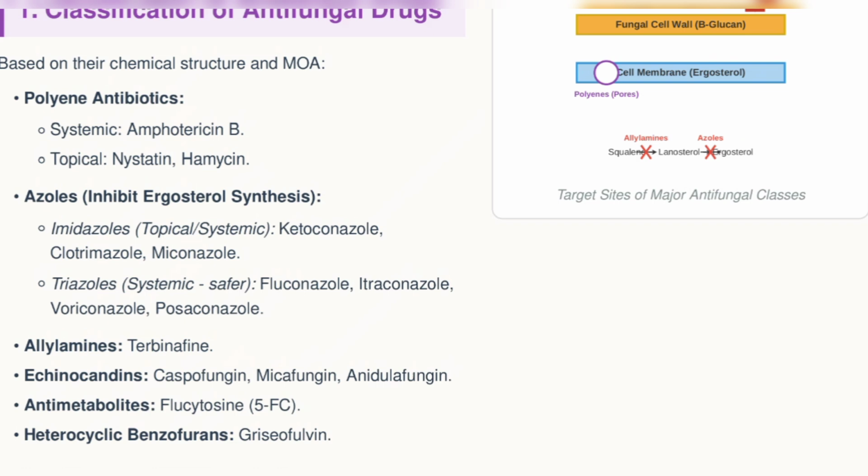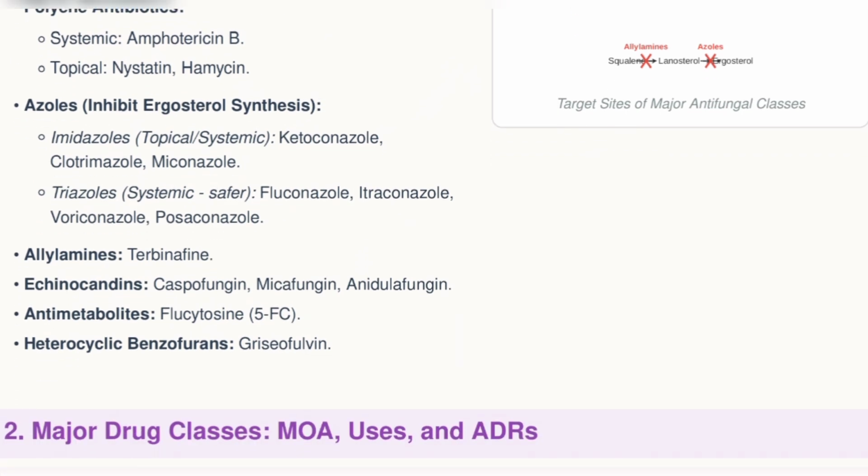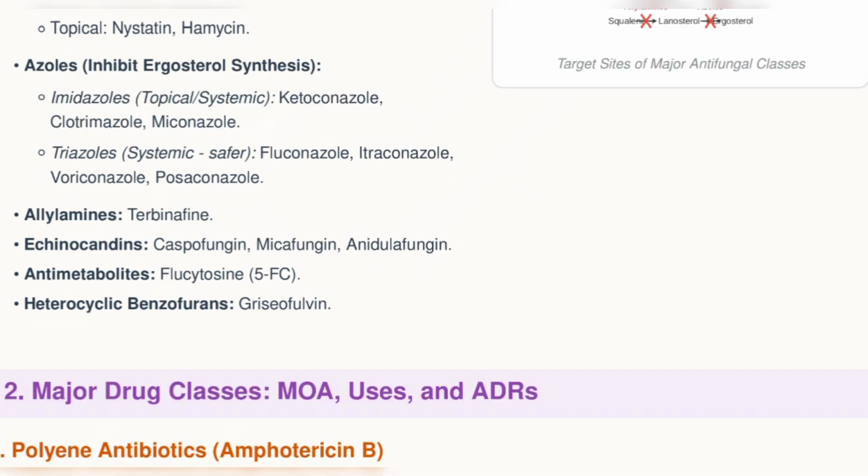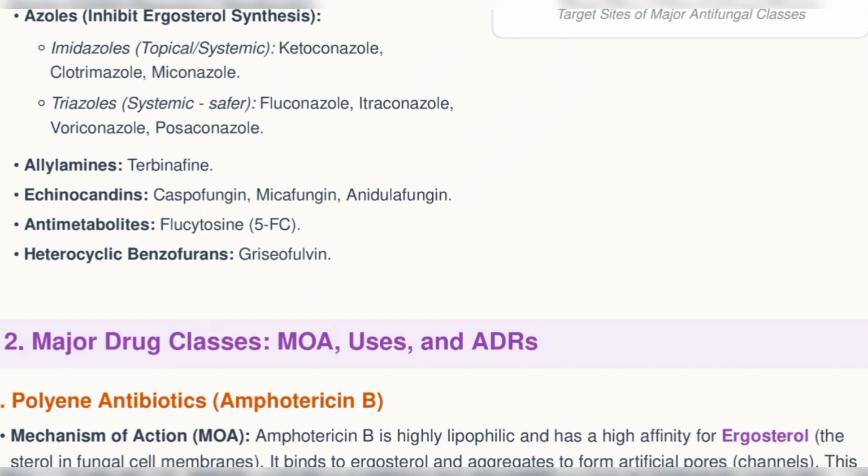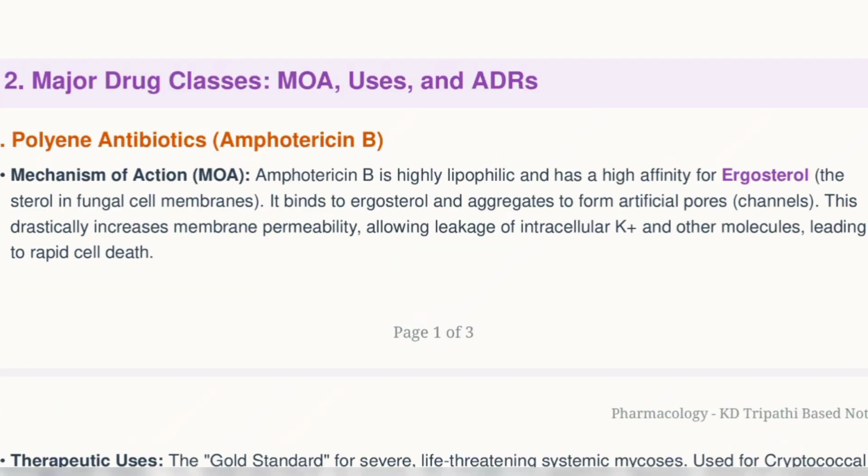Triazoles, systemic and safer: fluconazole, itraconazole, voriconazole, posaconazole. Allylamines: terbinafine. Echinocandins: caspofungin, micafungin, anidulafungin. Antimetabolites: flucytosine. Heterocyclic benzofurans: griseofulvin.